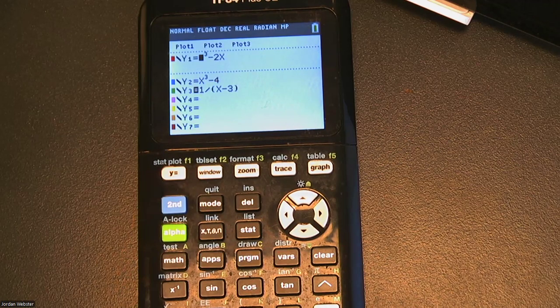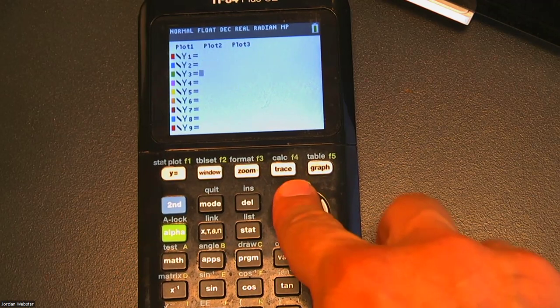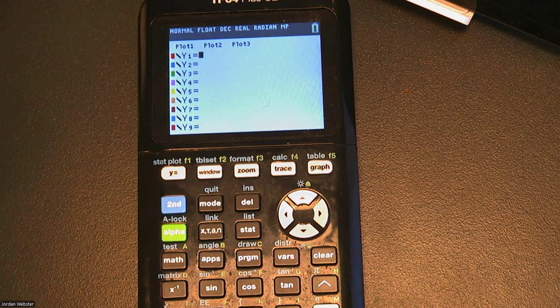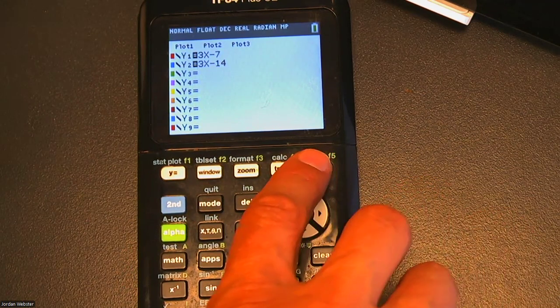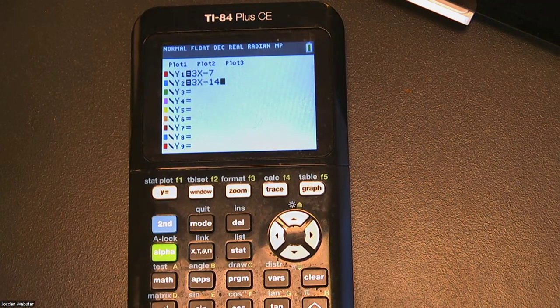So I'll just do y equals 3x minus 7, that'd be the first one. And then I found 3x minus 14, that's the second one. And by the way, you could have done this trick for any of the lines we've dealt with. You could have graphed them and confirmed they go through the right points, like in our previous examples.